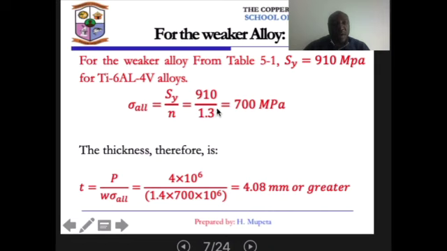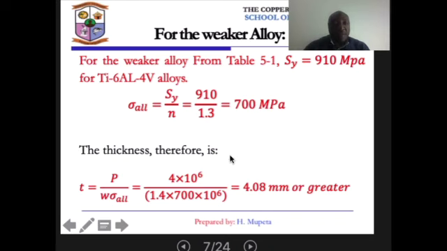So the stress becomes 910 divided by 1.3, and when you do this, you get 700 megapascal as the answer. So the stress is equal to the yield strength of the weak alloy divided by the factor of safety. That's what we have now as the stress.